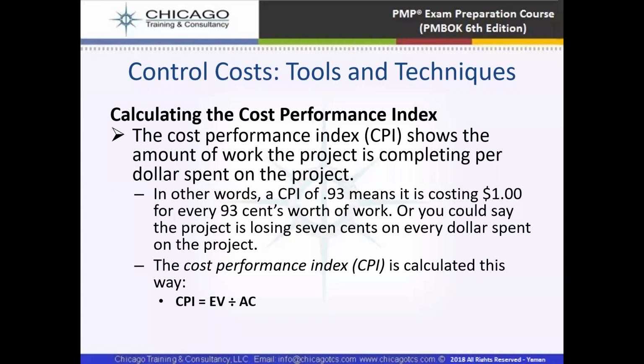It means our actual cost is $1, but in return we are getting an earned value of 93% worth of work. So we are losing 7% of each dollar spent. So CPI is equal to earned value divided by actual cost.